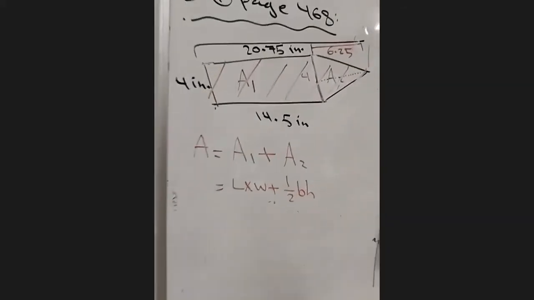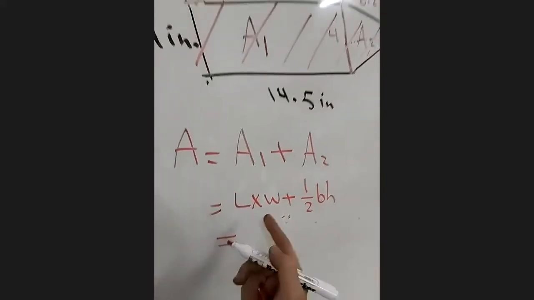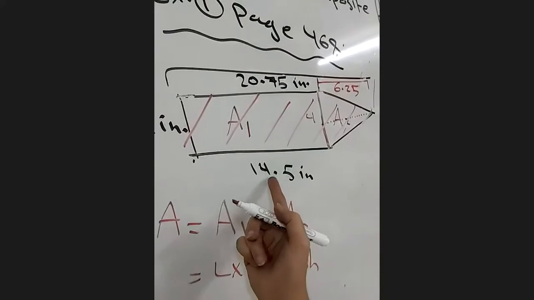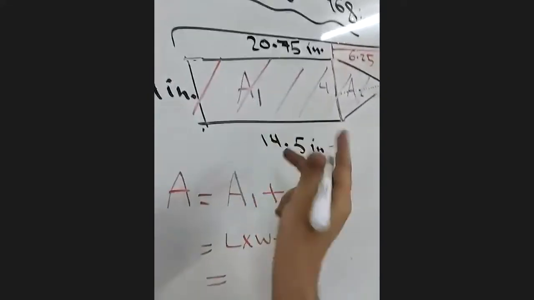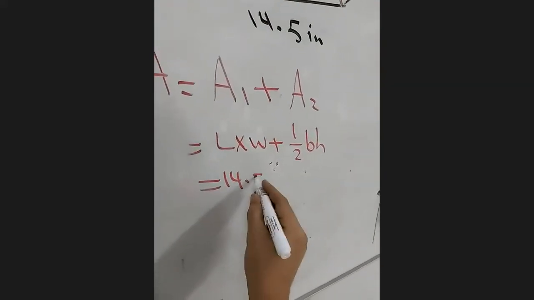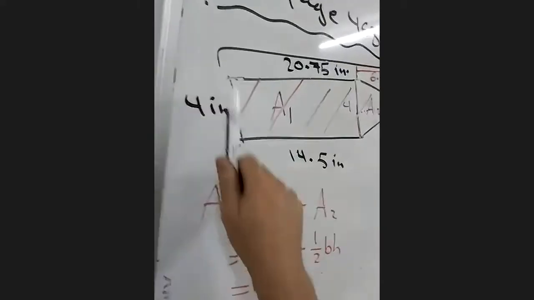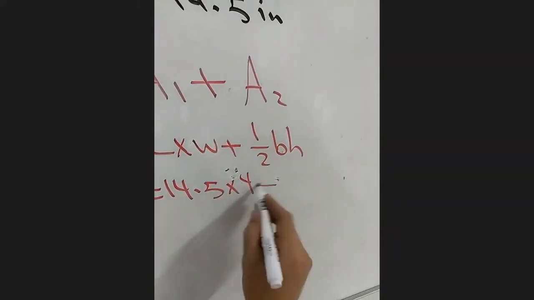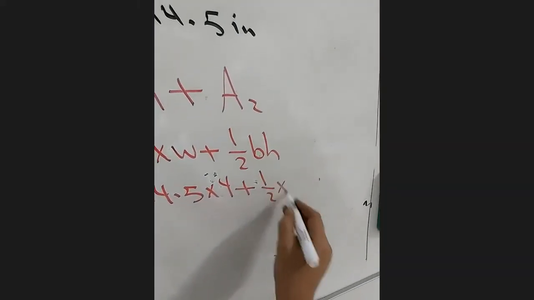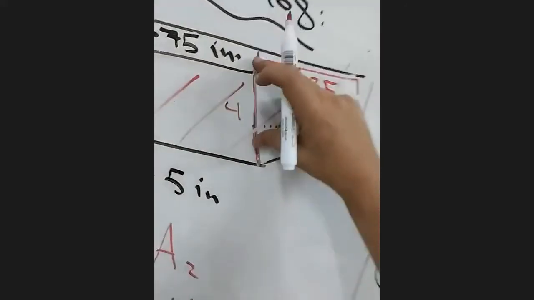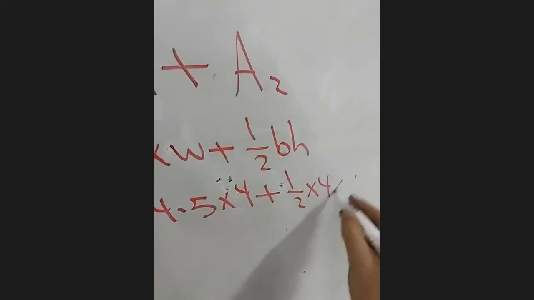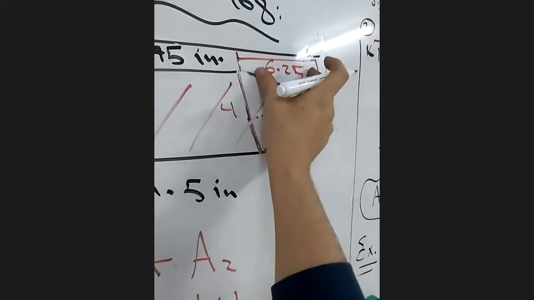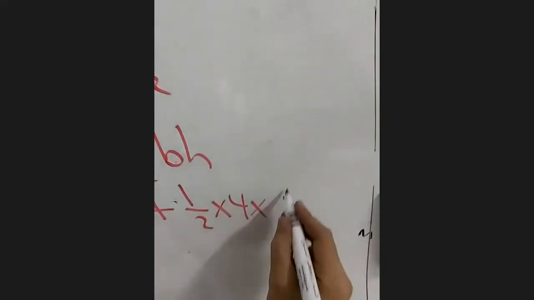Now, let's replace with numbers. The length of the rectangle is 14.5, not this number. This number is the whole. I want the rectangle only, 14.5 here, multiply the width, 4. Plus, half, multiply the base of the triangle, which is the same as the 4, multiply the height, we calculated it 6.25.